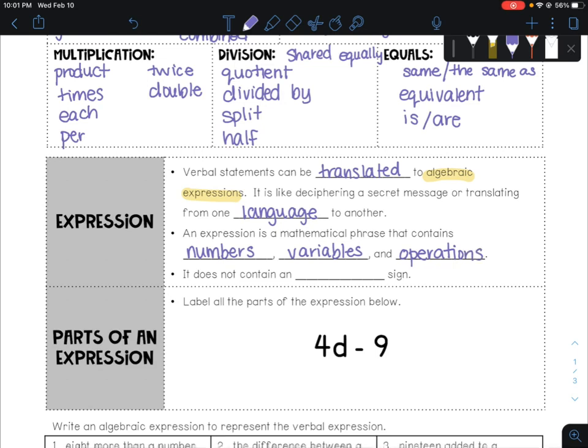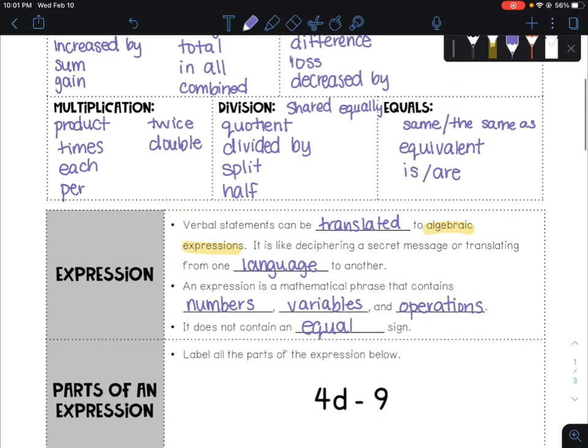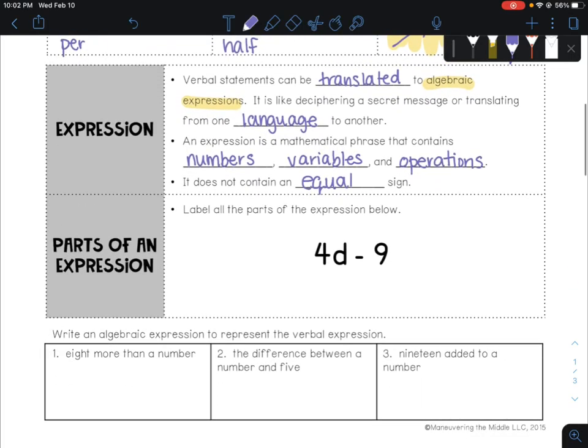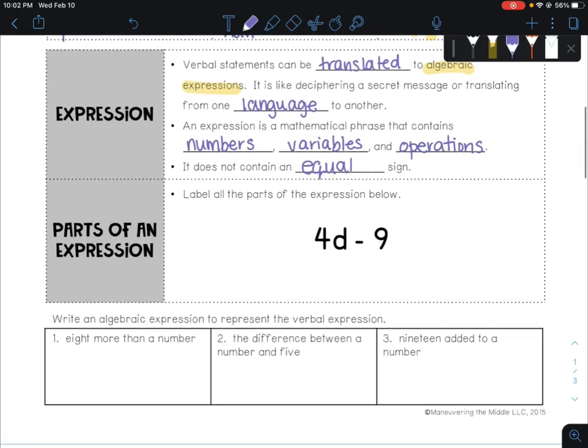It does not contain an equal sign. So this whole box up here about equals, we don't use that unless we have equations. We do not use that for expressions. Okay? And we'll talk about that at the very end of the notes.